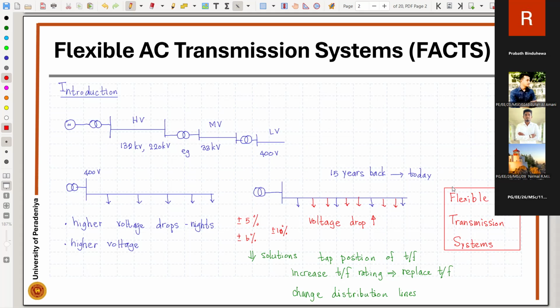So you can see why we need this, because we are experiencing voltage drop, or high voltage, during certain periods of the time in a network, or else we are seeing that the customer base is increasing.